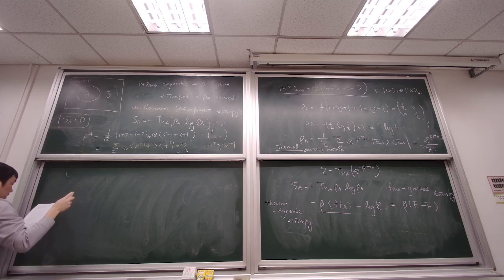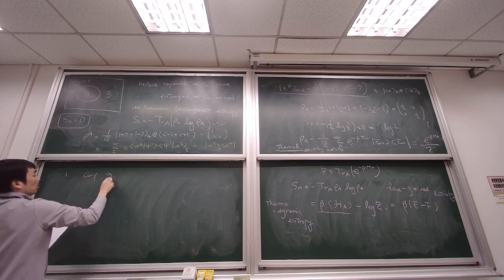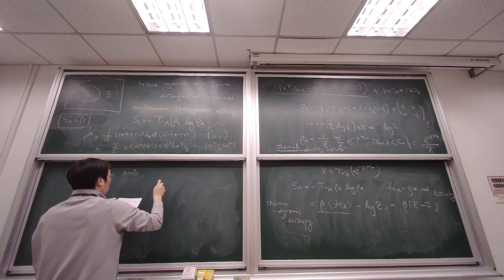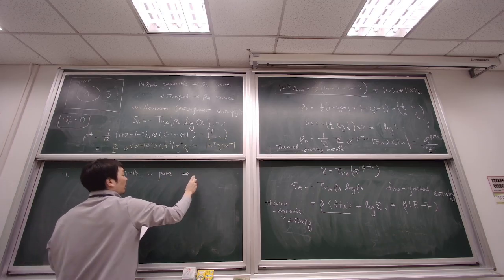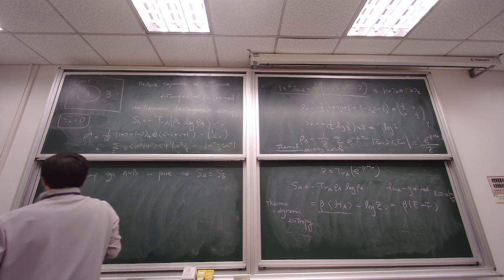So if the composite system, A union B, is in a pure state, then S_A should be equal to S_B. So this is one property.